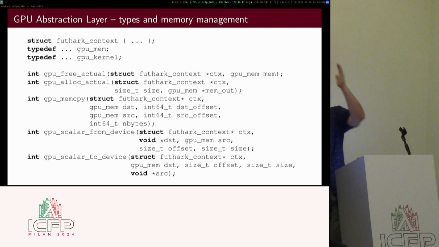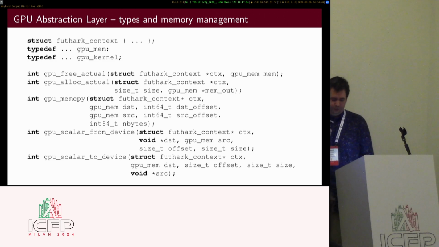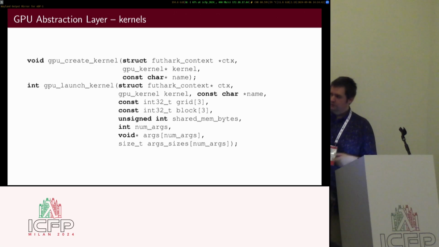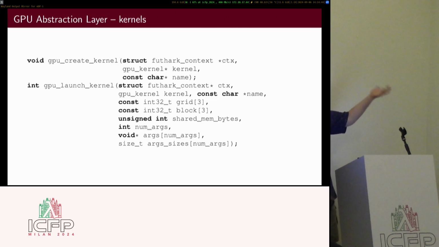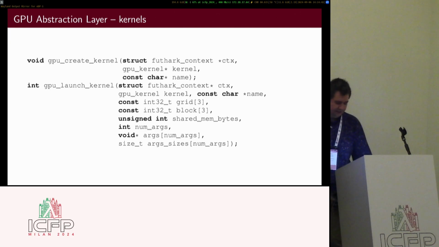And then there's a whole bunch of initialization code, which is actually the lion's share of what the backend implementations actually look like. There's maybe 500 lines of initialization for CUDA and similar for the others, which is very bespoke to the specific backend. Then there's a few other functions, 2 more. One for getting a handle to a named GPU kernel, so a GPU function or program, and then one for launching it.